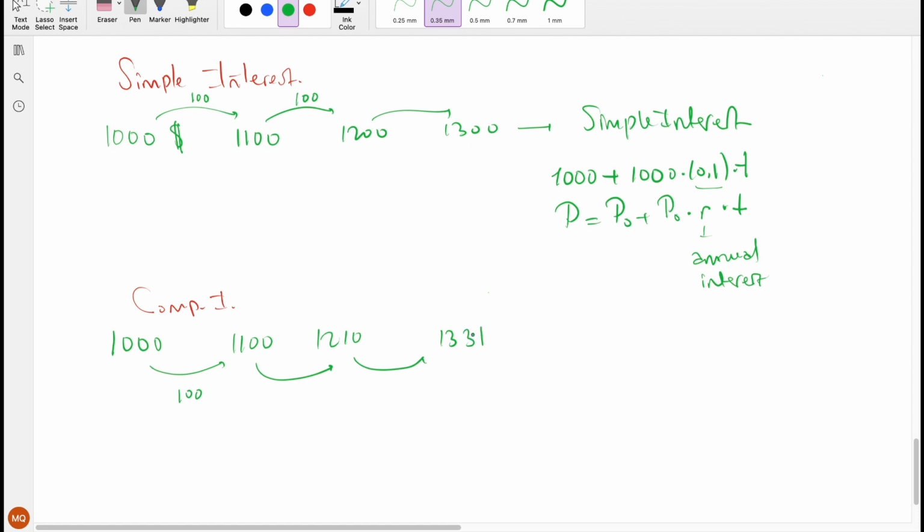So you can see that there's a $31 difference after 3 years. Here, let's say final amount of money is equal to 1,000 multiplied by 1.1 to the power of number of years. General equation is P is equal to P0 multiplied by (1 plus R) to the power of T.